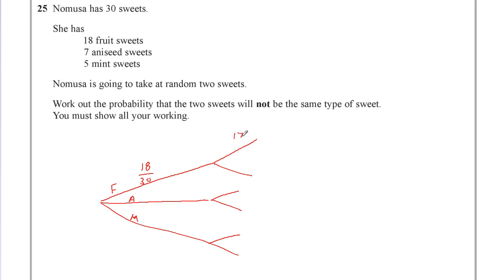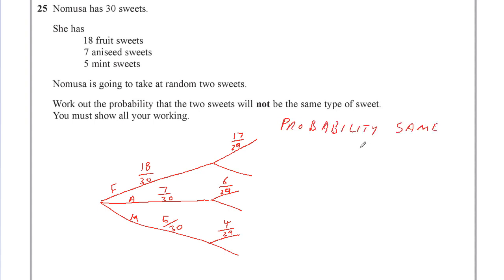And after that it would be 17 out of 29, because we got taken one already. And then aniseed is going to be 7 out of 30, and 6 out of 29. This one is 5 out of 30, and it would be 4 out of 29.